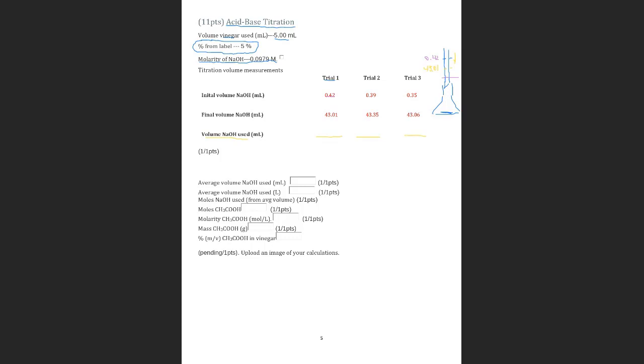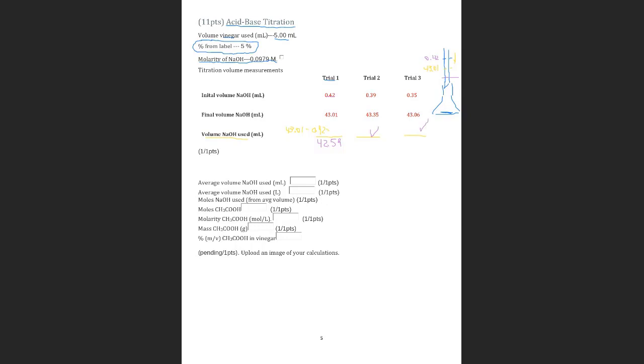So in this case, trial 1, I do 43.01 minus 0.42. Exactly. Very good. So 42.51. Very good. The same way you do trial 2 and trial 3.